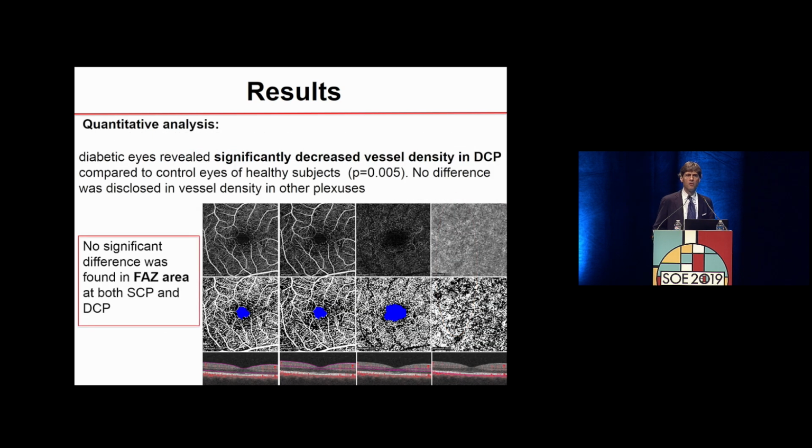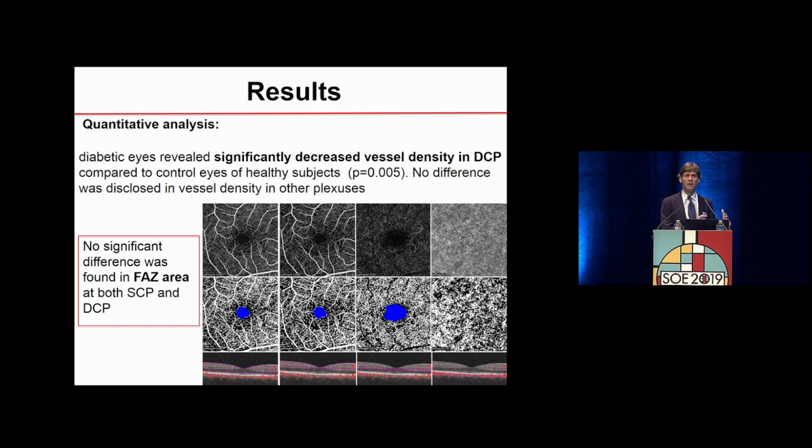When we looked at the OCT-A, indeed, we realized that there were already some changes, and these changes were particularly evident at the level of the deep capillary plexus with some kind of loss of vessels in the deep capillary plexus. So it seems, based on these results, that as far as we can detect with current technology, and I mean structural OCT and OCT-A, we cannot detect in the very early phases of diabetes, so without detectable changes on fundus examination.